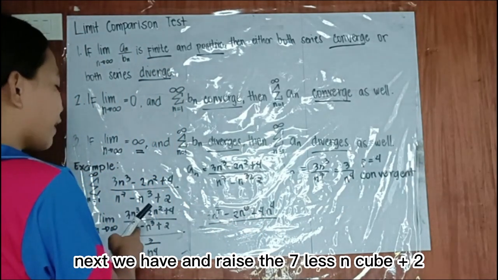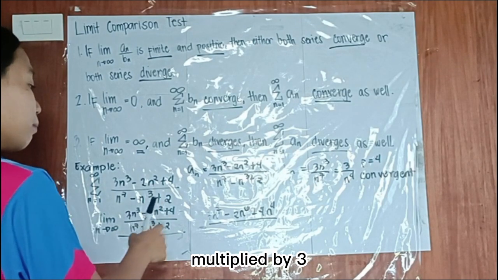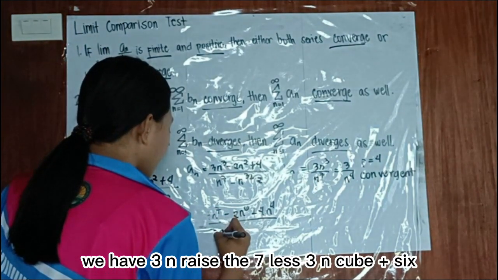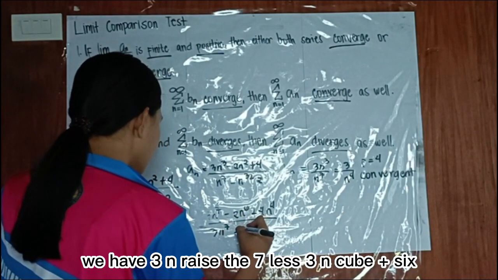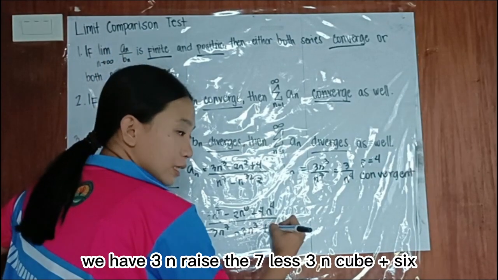Next, we have n raised to 7 less n cubed plus 2 multiplied by 3. We have 3n raised to 7 less 3n cubed plus 6.